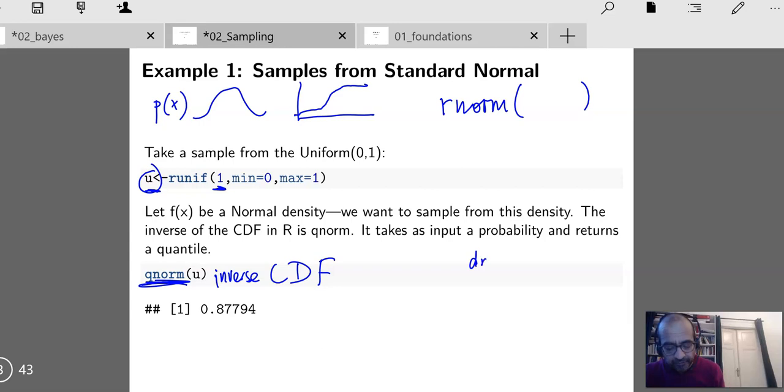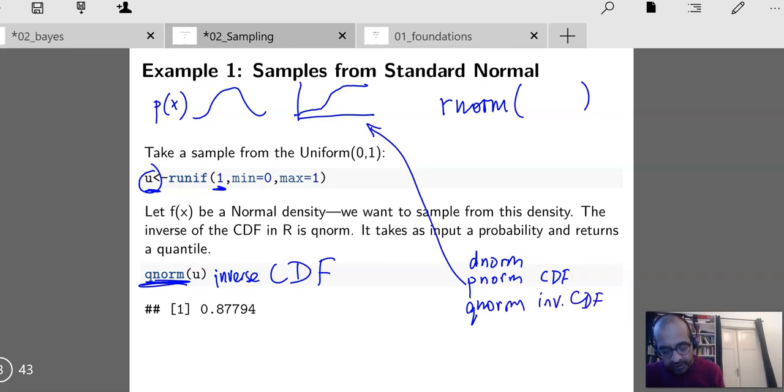But so we have the likelihood function for the normal, the dnorm. The CDF of the normal is the pnorm function, right? So this is the CDF. That's this function here that I showed you. And the qnorm function is the inverse of the CDF. And that's basically this plot here flipped over.